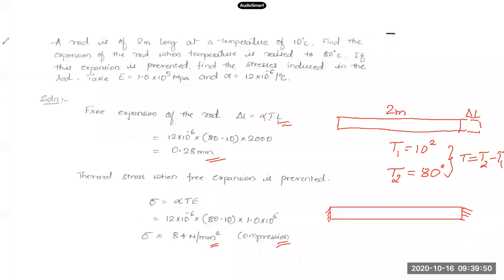The first answer is 16.8. 12 into 10 raised to minus 6 into 70 into 2000, 16.8 mm. Yes, sir. So first one is 16.8. What about the second one? Second one is correct, sir.